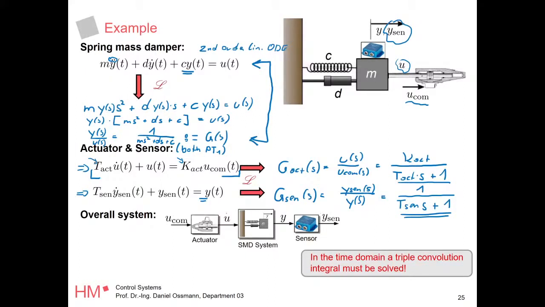However, here it's a simple forward block diagram, right? And we simply go from the back to the front. We know the measured position is nothing but take the sensor, take this transfer function, multiplied by our system, and our system is G of S, right? The spring mass damper system, and finally we reach the actuator.